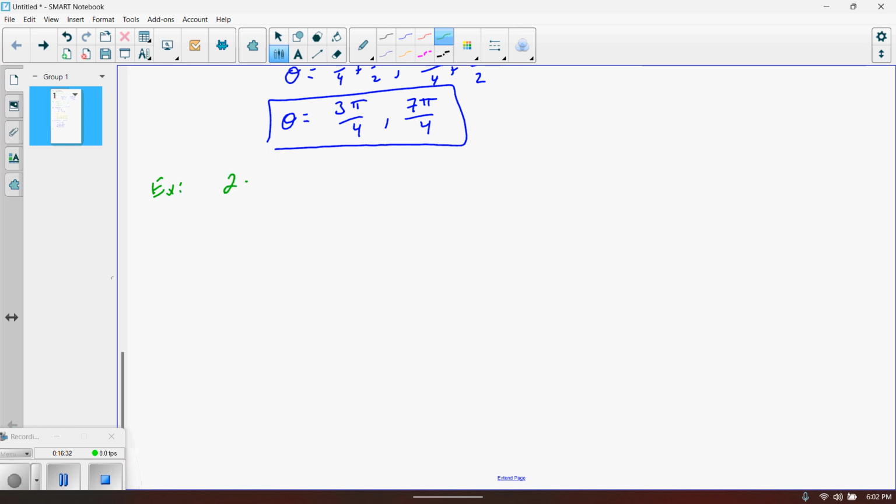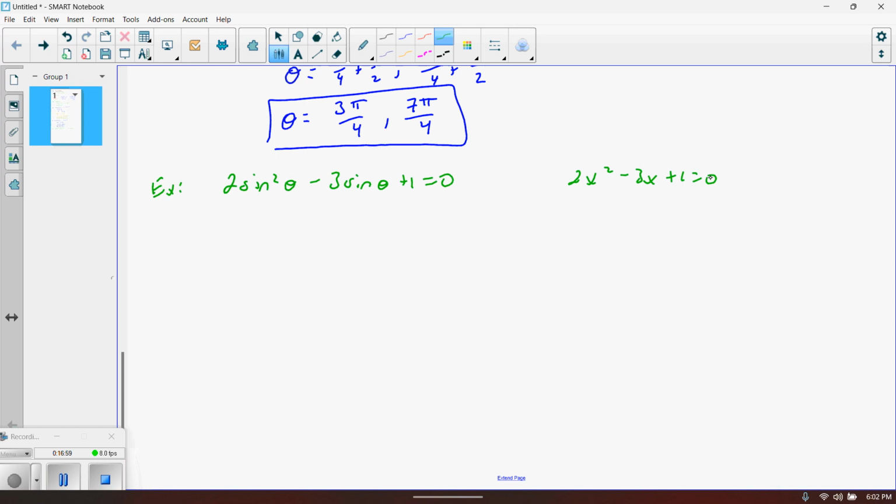So if I have something like 2 sine squared theta minus 3 sine theta plus 1 equals 0. The idea here is that we're going to basically treat sine of theta like it's an x. So if you did this, that would be like 2x squared minus 3x plus 1 equals 0.